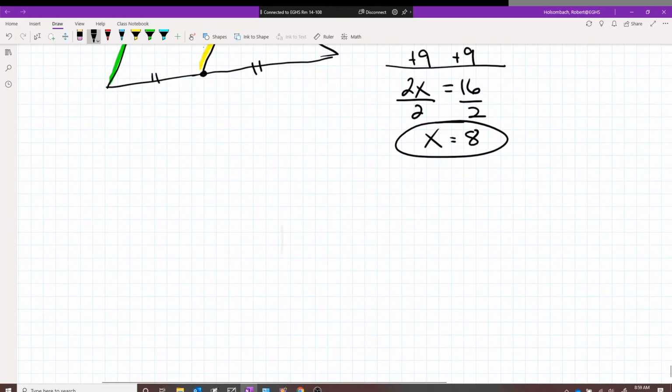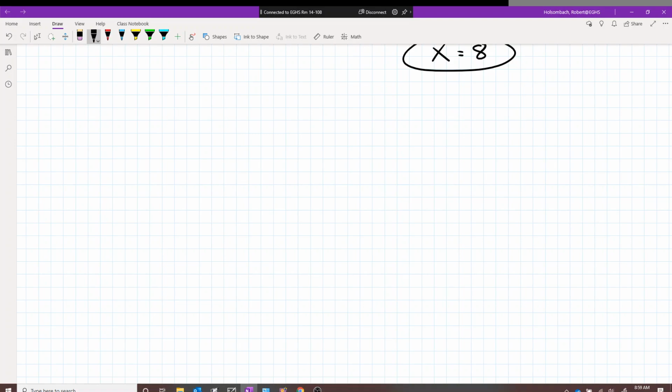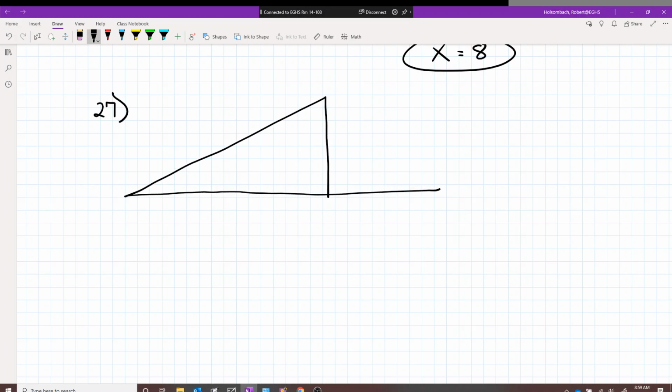Problem 27 is another mid-segment problem. It's just dealing with a building and a tree. So you've kind of got this going on. This is your building. This is your tree.